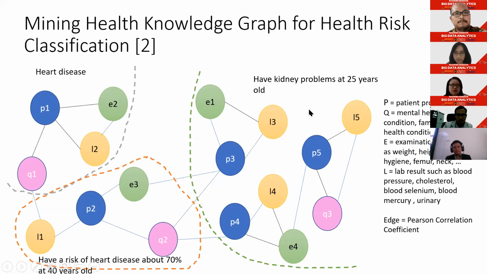For example, you can see here the third patient is a member of the cluster with kidney problems at 25 years old, and he or she has a relation to the examination result from the other cluster, which is the cluster related to heart attack.